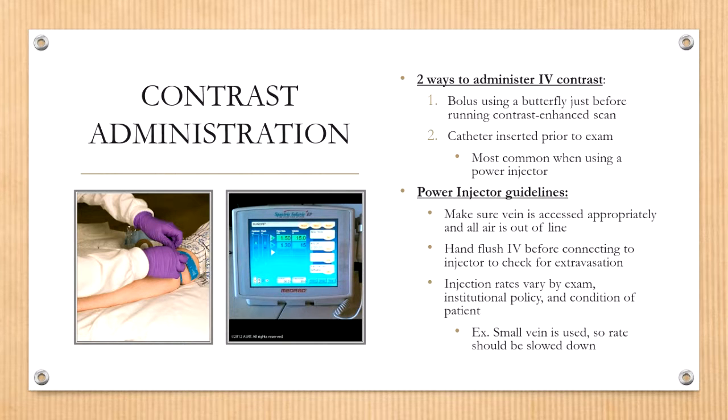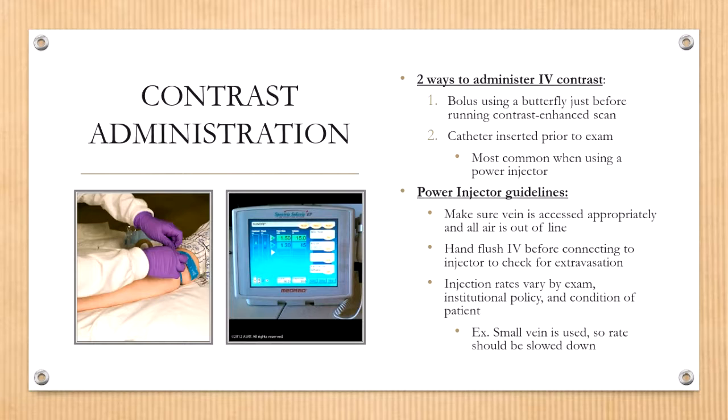So when you're using the power injector, some guidelines to follow include making sure that the vein is accessible and that all the air in the line has been bled out before you attach that line to the patient. So you set up your injector, you put the saline and the contrast in the injector, and you run them through and let the saline bleed all the way through the line and get the air out of the line. Let it kind of flush out a little bit.